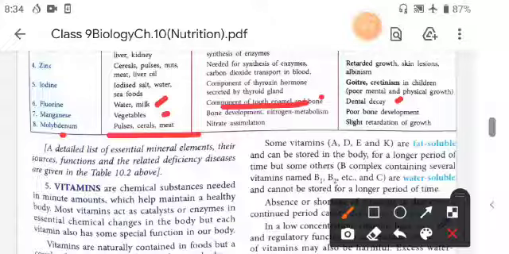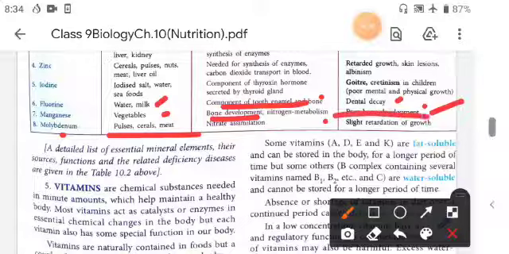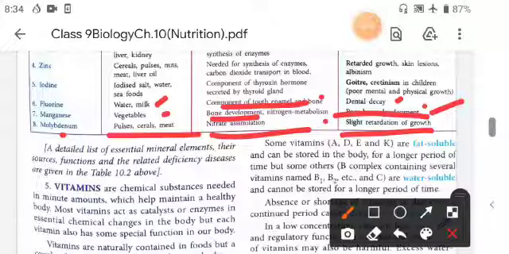The function of manganese is bone development and nitrogen metabolism, and poor bone development will be there due to the absence of this manganese. Now molybdenum acts for nitrate assimilation. Due to the deficiency of molybdenum, slight retardation of growth will be there.